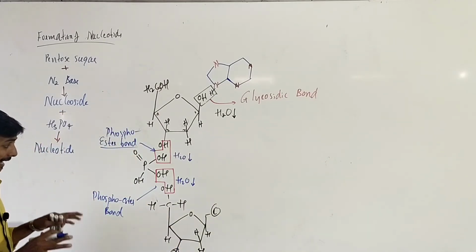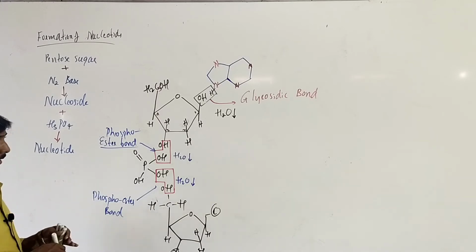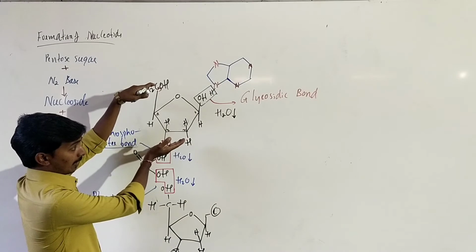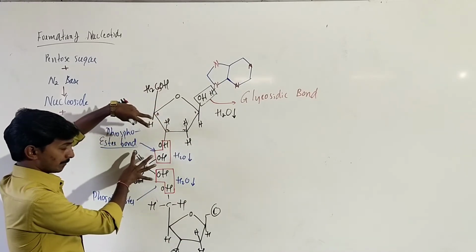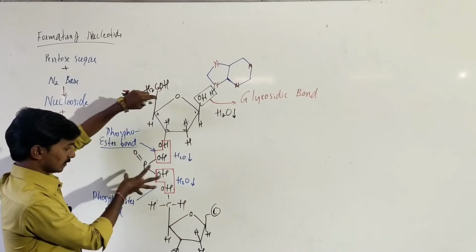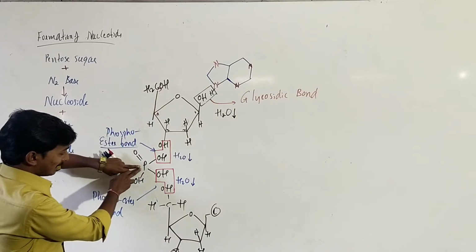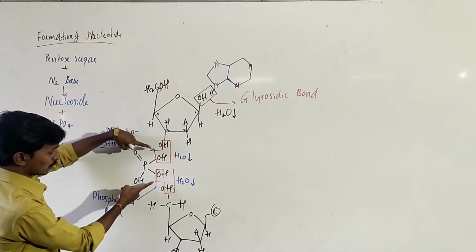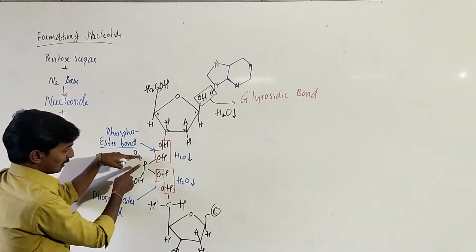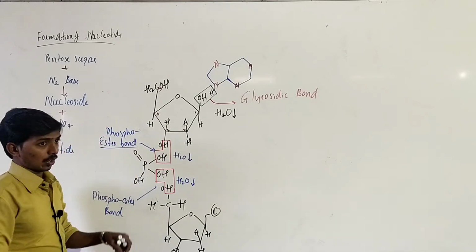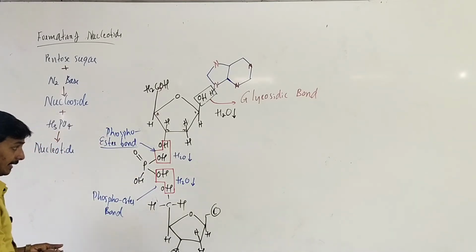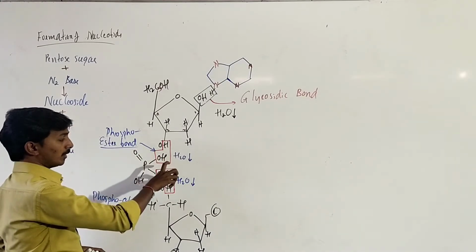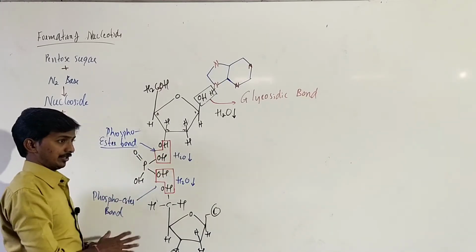Okay, and now look at the diagram. Between the two sugars there is a phosphate, and on either side of the phosphate there is one ester bond. Phosphodiester bond means two ester bonds are formed on either side of the phosphate.